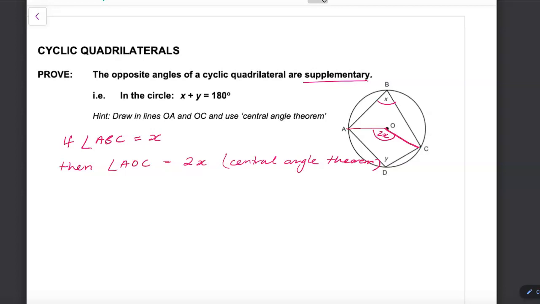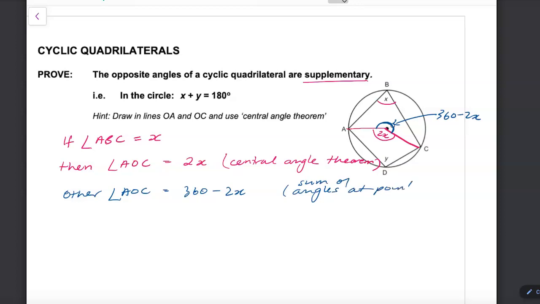Now we can also say that the other angle AOC around that point O is going to be worth 360 take whatever 2x is. I'm just going to highlight that in blue. And this is because the sum of the angles at a point equal 360 degrees.